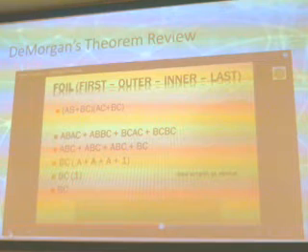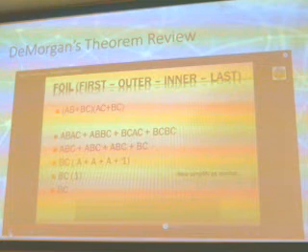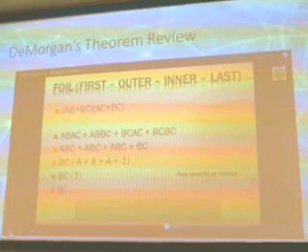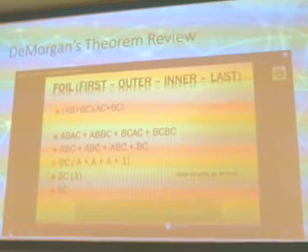Then from there, you've got a BC in every one of these, so that's a like term. If we pull out BC, we're left with A, or A, or A, or 1. Because you pull BC from BC, you get 1. All this stuff cancels out, and you're left with just BC.